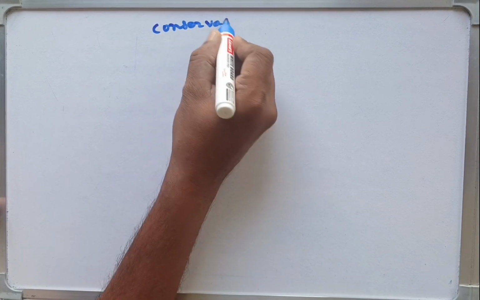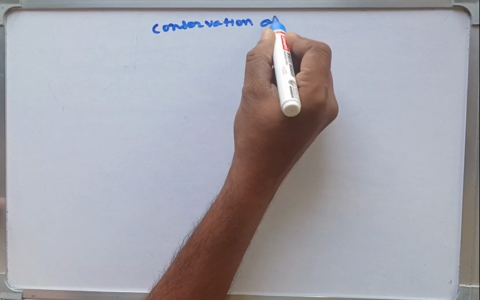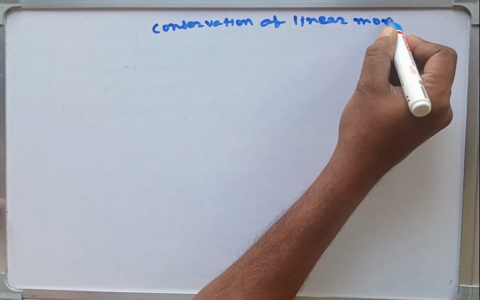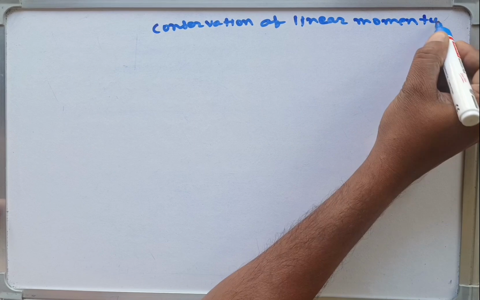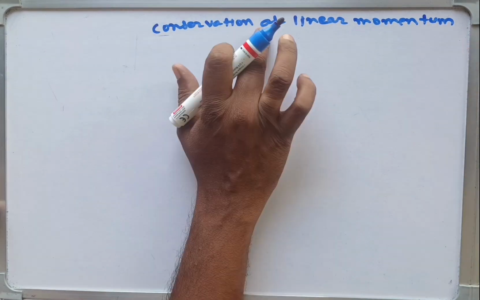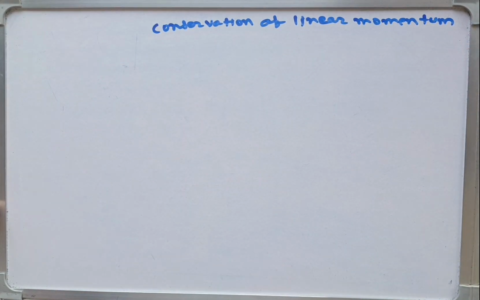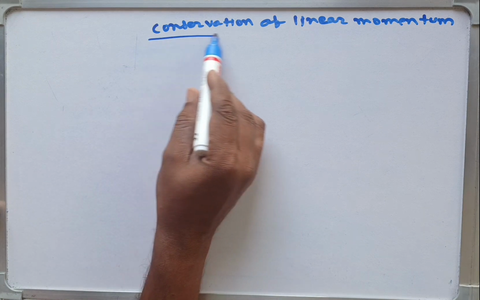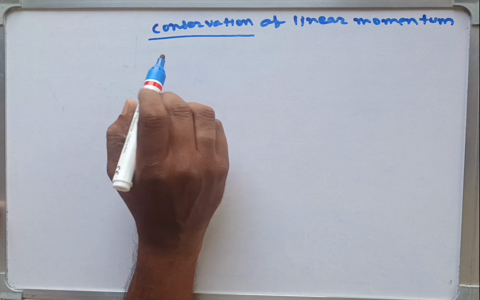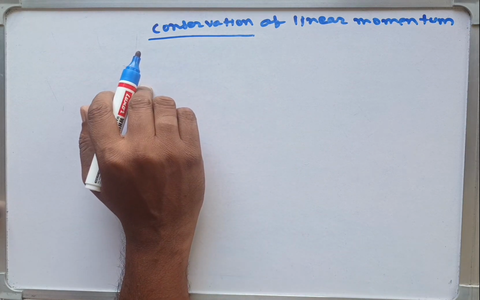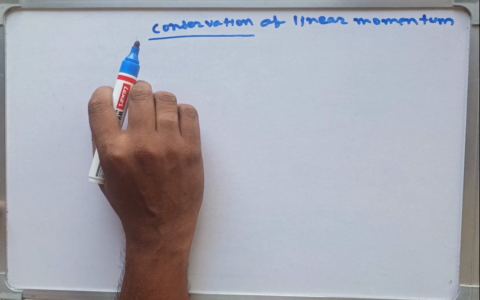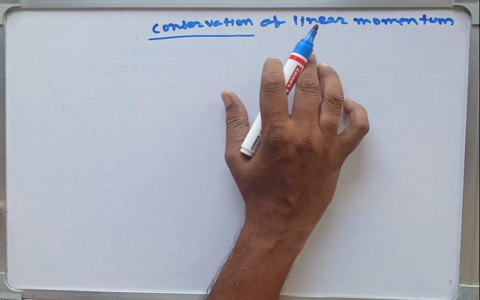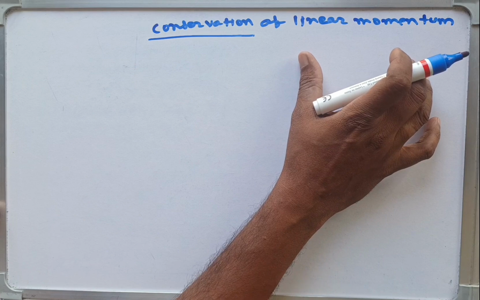First of all, understand what is meant by conservation. Conservation means something which cannot be destroyed. Here we are talking about linear momentum.